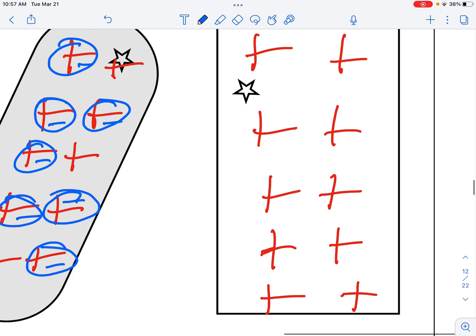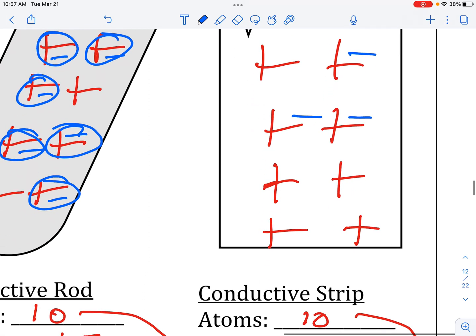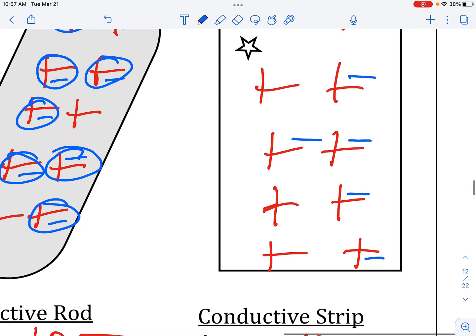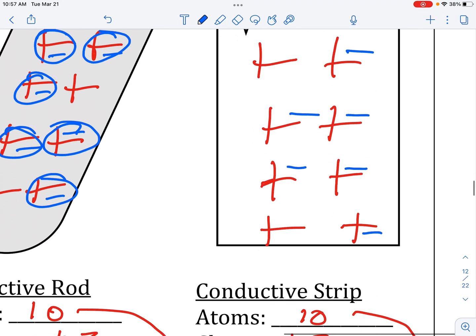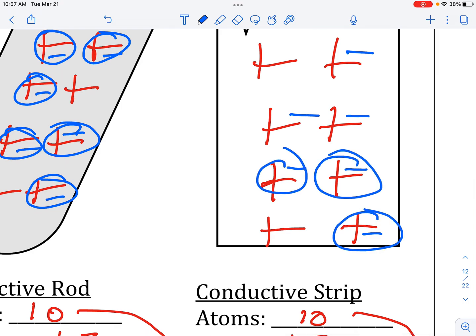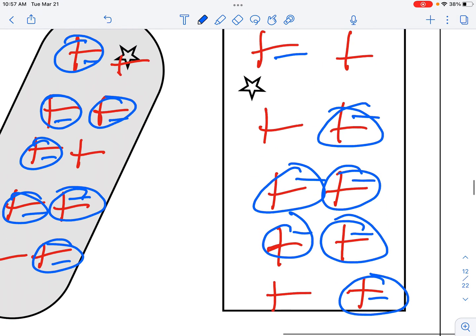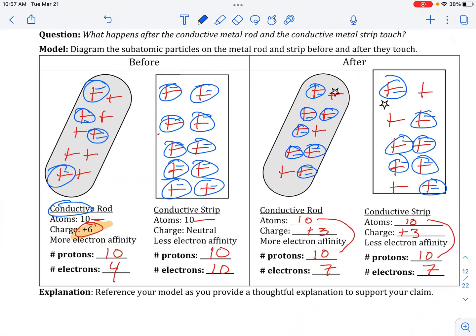We'll give 7 electrons over here, spread them out. 1, 2, 3, 4, 5, 6, 7. Let's see if we can spread that one out a little more. We'll do this. There we go. All right, so circle the ones that are neutral, like so. And then we'll zoom out so you can all see nicely. All right. There we go. So we can see that each object now is a charge of positive 3.